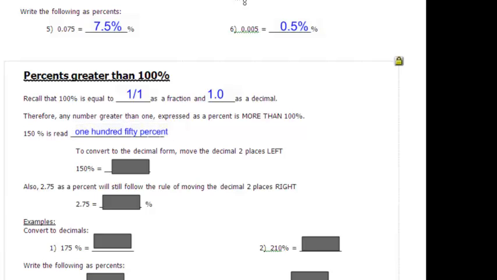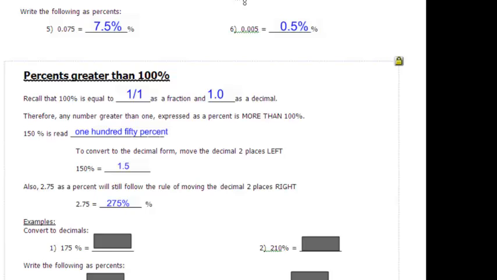To convert it to a decimal form, we're moving it 2 places to the left as usual. It is 1.5. So for 2.75 as a percent, we're going to follow the rule of moving the decimal 2 places to the right. 275%.